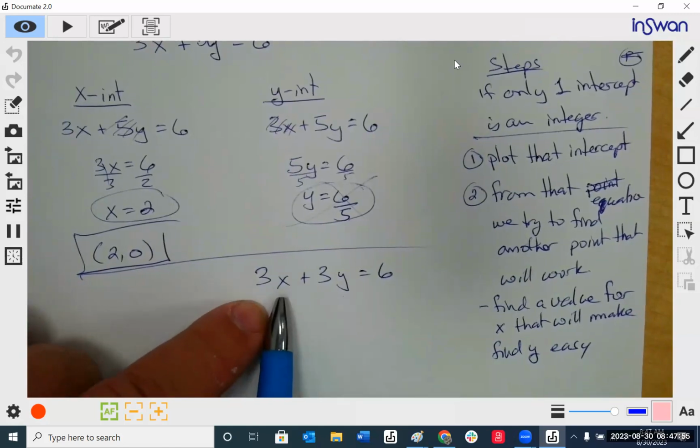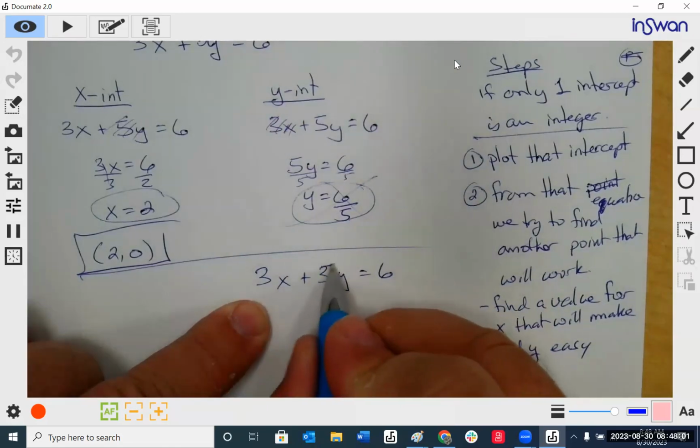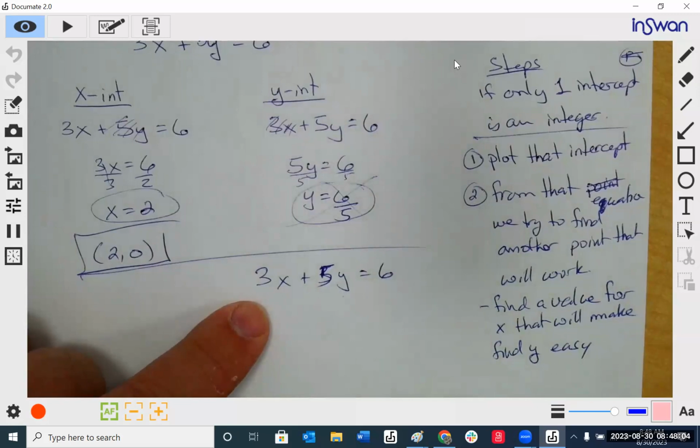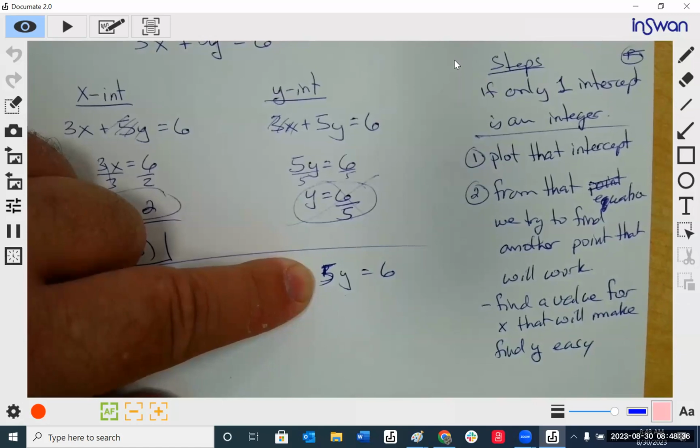So we have to find an x value, plug it in there, so that when we move everything around, we can solve for y. The coefficient of y is a 5. What does that tell us? If we're solving 5y equals whatever, the number on this side has to be divisible by 5. What numbers are divisible by 5? 5, 10, 15, 20, 25, 30, 35, 40.